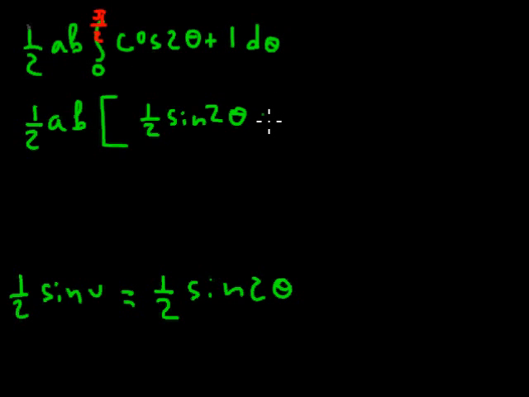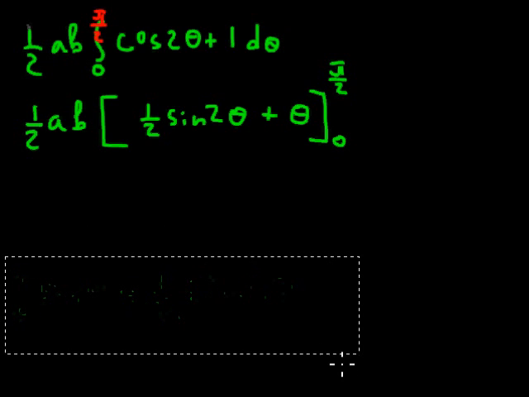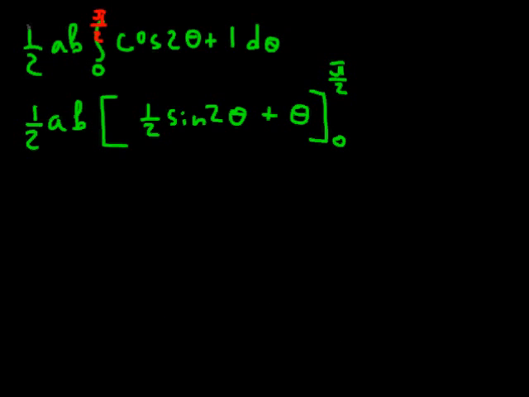And this is a definite integral, we need to evaluate it between 0 and pi over 2. Okay, so let's erase this. We have this constant 1/2 ab, and we evaluate this integral.